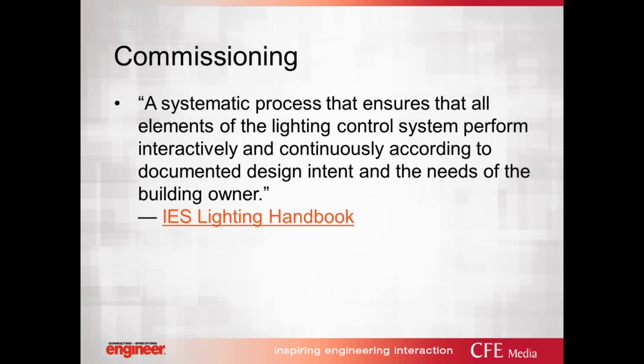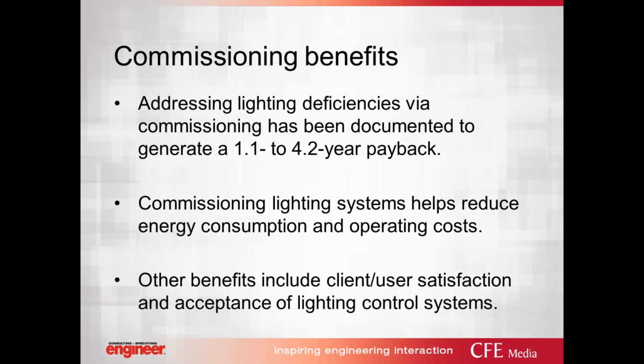So that's something that has been realized as very important to do as lighting systems get more and more complex. Addressing lighting deficiencies via commissioning has been documented to generate a 1.1 to 4.2 year payback. When you show that to owners, a lot of owners don't want to do commissioning because they feel that the contractors should be installing these lighting systems properly.